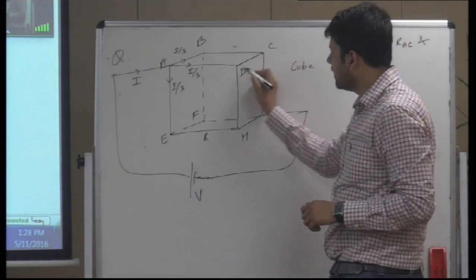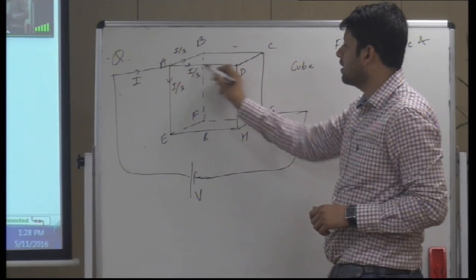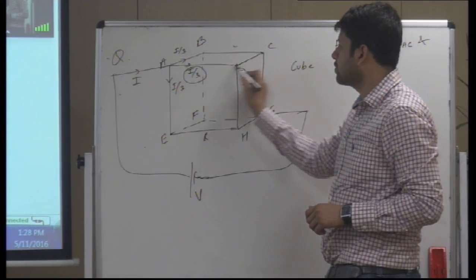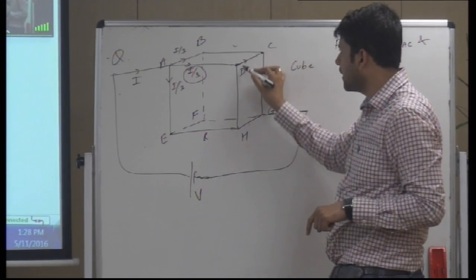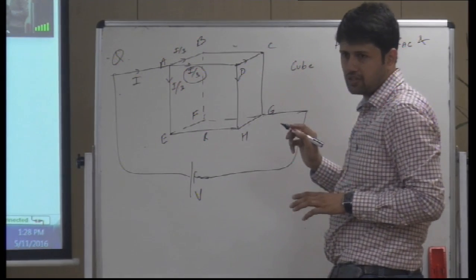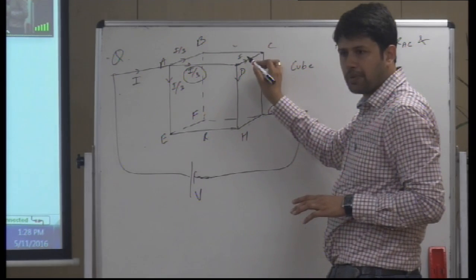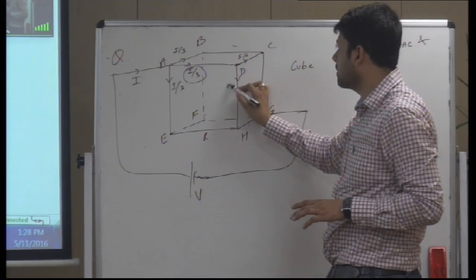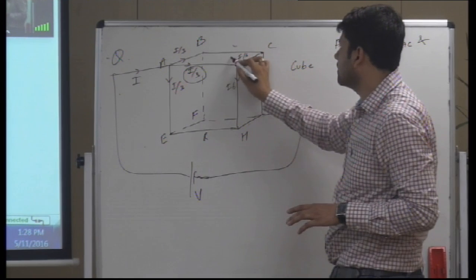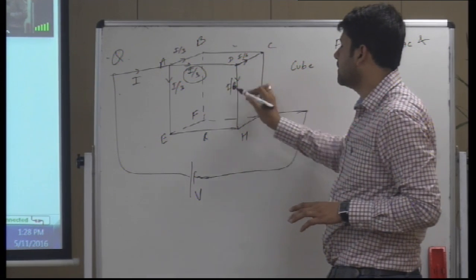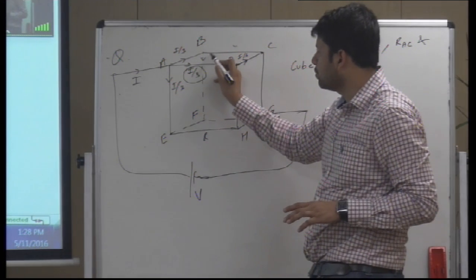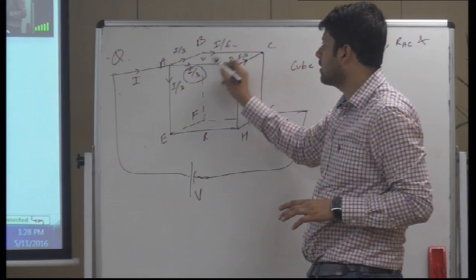Now this current approaches D and it will further split into 2 parts. Definitely, again 2 equal parts, I by 6. So if I keep marking these currents, the currents would be like this. I by 3 splits into 2 parts here, I by 6 and I by 6.